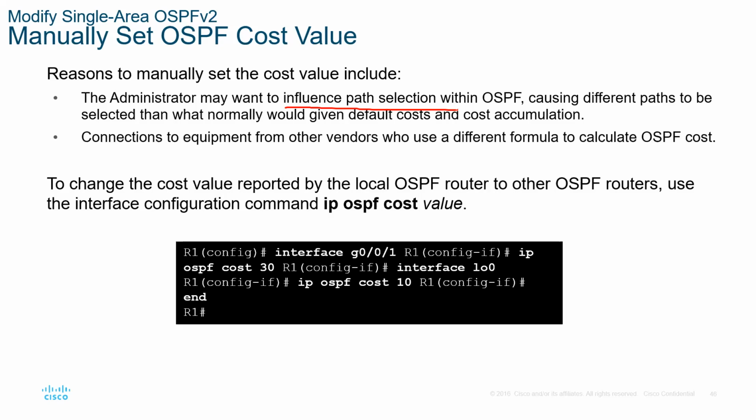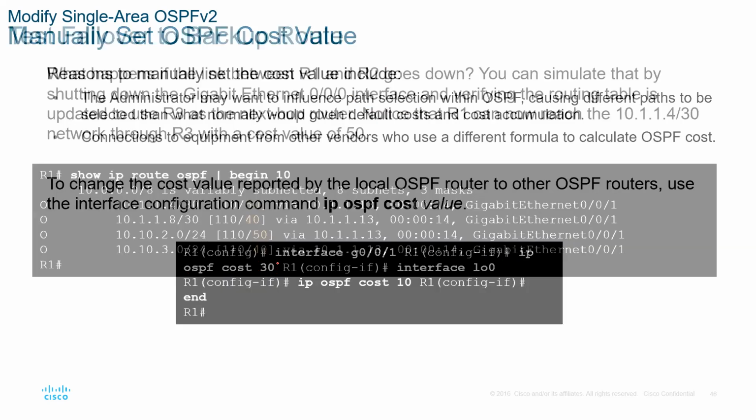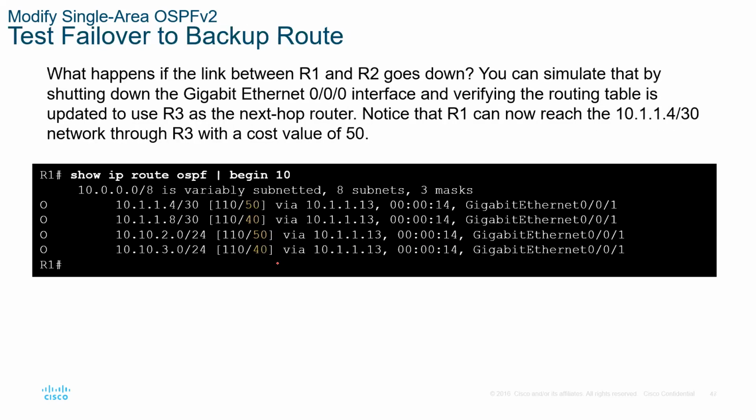To change the cost value reported by the local OSPF router, you use ip ospf cost and then the cost value. If I do ip ospf cost and put in the value that I want, I am manually adjusting it.